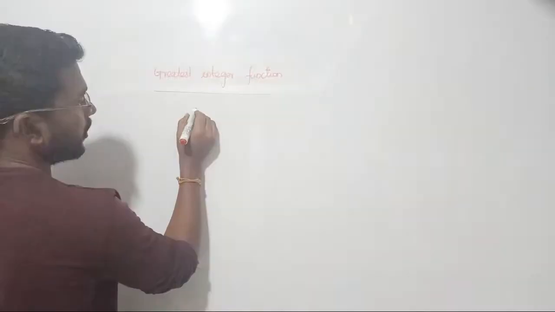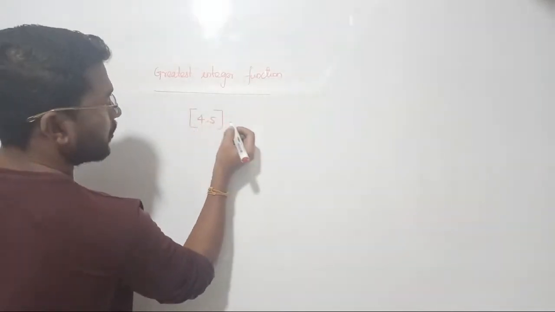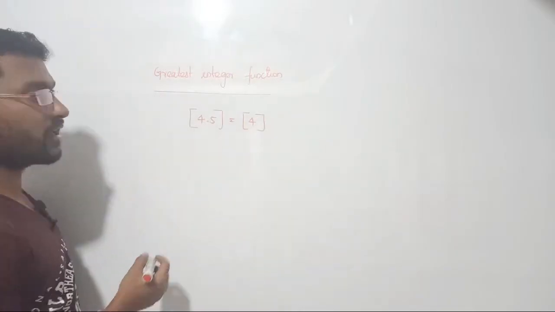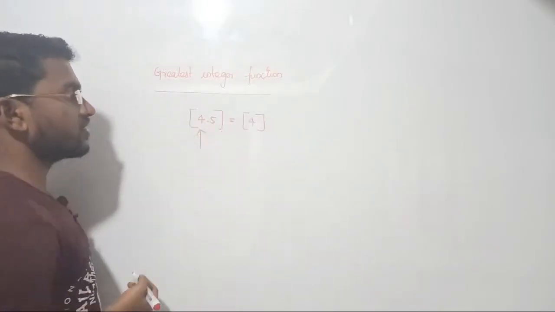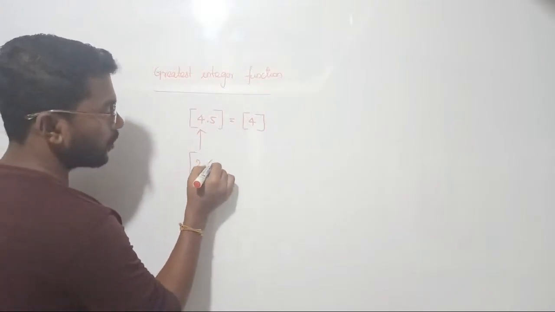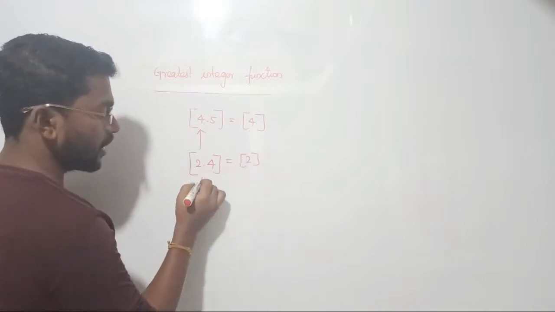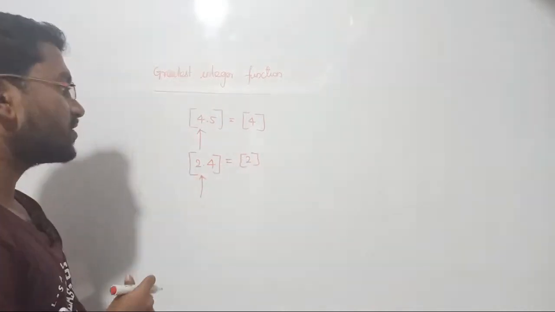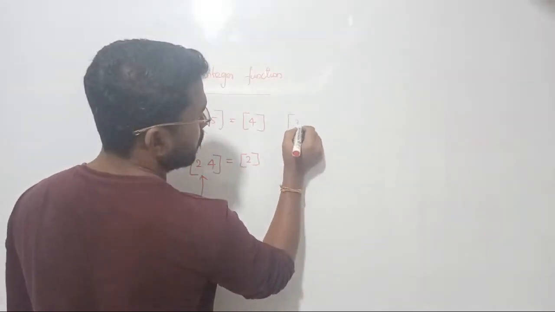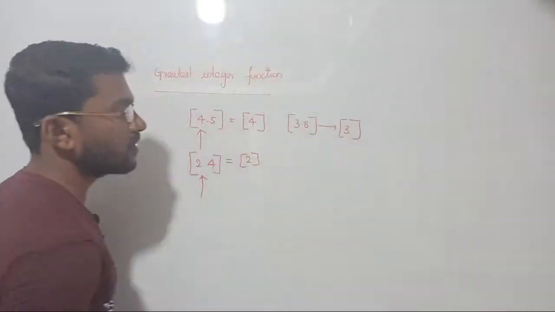It is simply defined as, for example, if you have a variable 4.5, it can be simply written as 4. The greatest integer here is 4, so just write 4. If I have 2.4, what will be the answer? That is equal to 2, right? We just have to consider the greatest integer. Fraction values are not considered here, right? For example, if I have 3.7 or 3.8, its greatest integer is 3. We just have to consider 3, right?